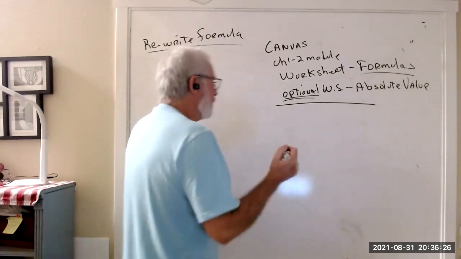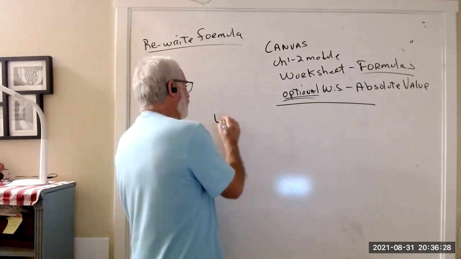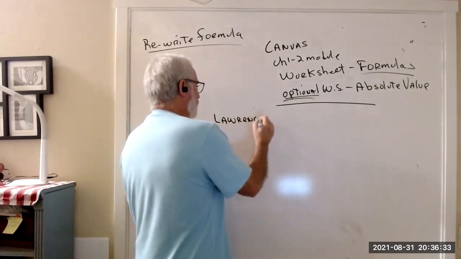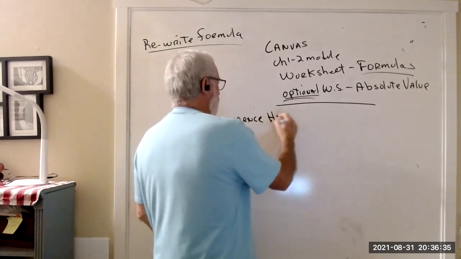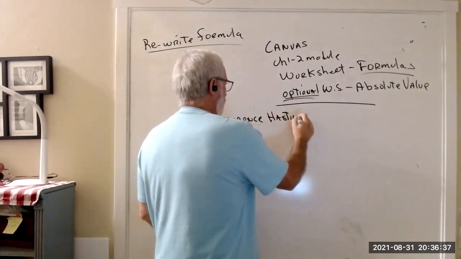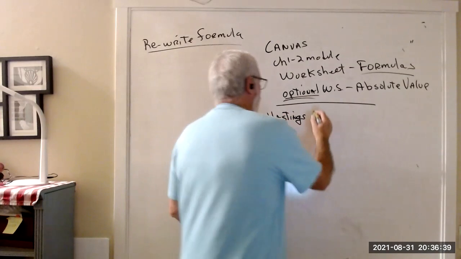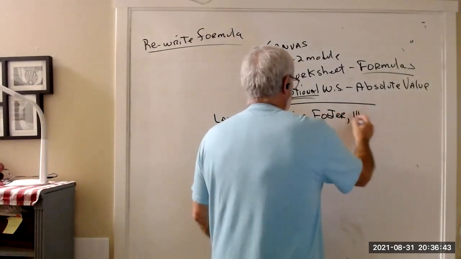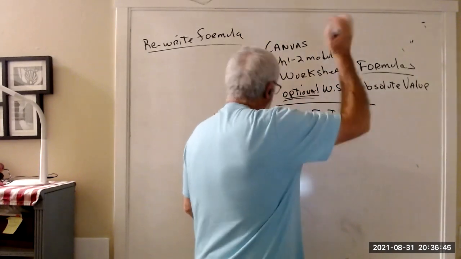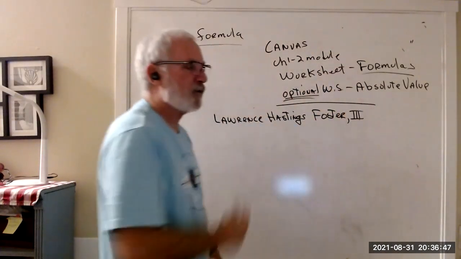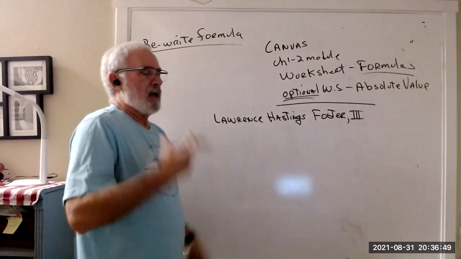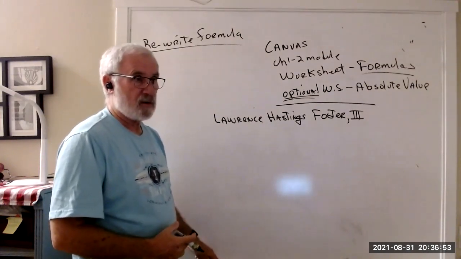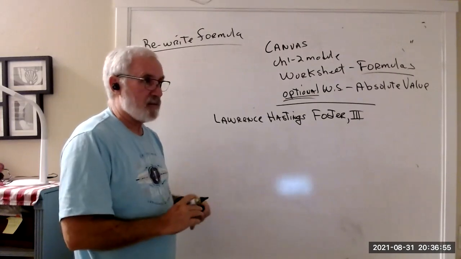For example, suppose my name was Lawrence Hastings Foster the third. Not good enough. Suppose that was my name. I don't want to write that every stinking time. I mean, yes, it's my name.